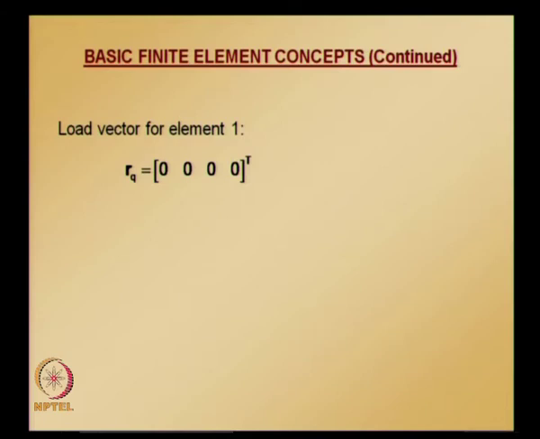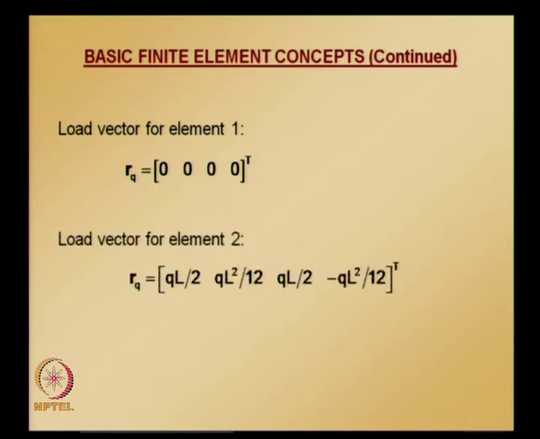Element 2 has a distributed load of 20 kilonewton per millimeter, and the length of the second element is 200 millimeters. So, the load vector for element 2 we can obtain by substituting into the formula that we developed for the case of uniformly distributed load.